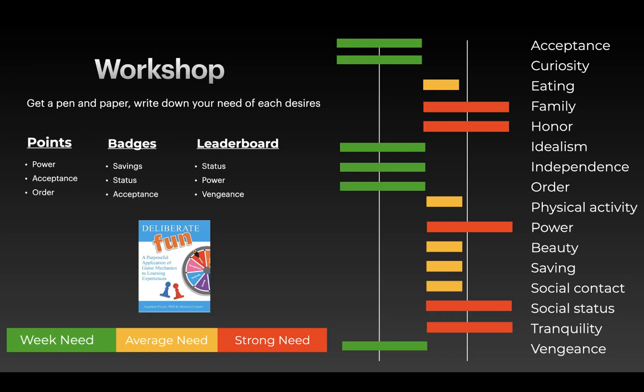And if you are attracted to badges, you love saving, you love collecting things, and you love status, feeling superior to other people, and you want to be accepted by society. Leaderboard is more targeted at people who love status and power.